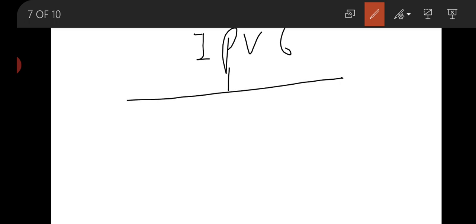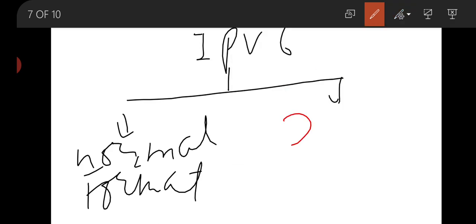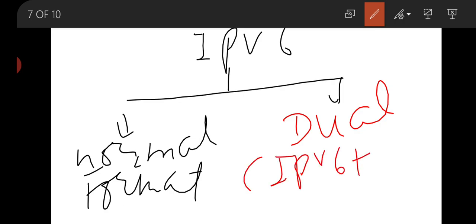The first one is normal addressing, the normal format. The second one is the dual addressing format, that means IPv6 plus IPv4, dual format.